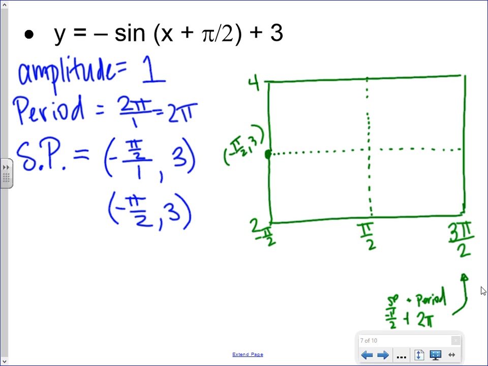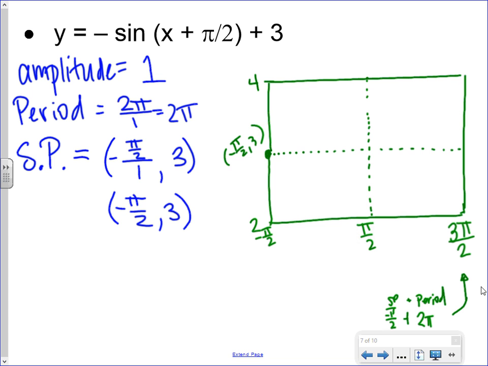That's what we're finding, average. You're finding the middle. You're taking your very left plus your very right, and then you're dividing it by 2. So when we take negative pi over 2 and add it to 3 pi over 2, we get positive pi. Divide that by 2, cut it in half. We have pi over 2.